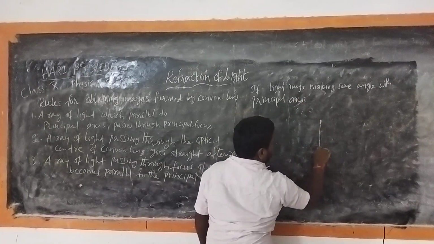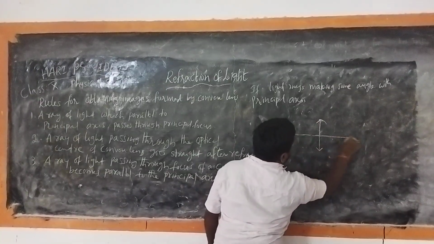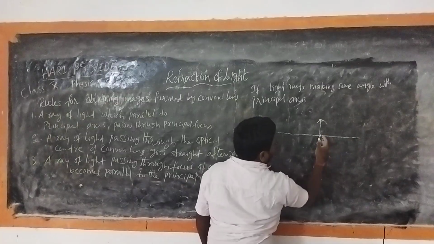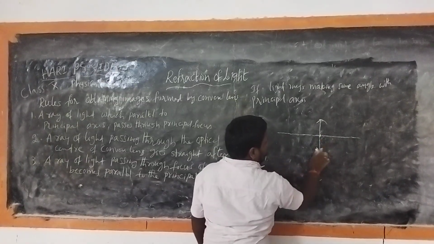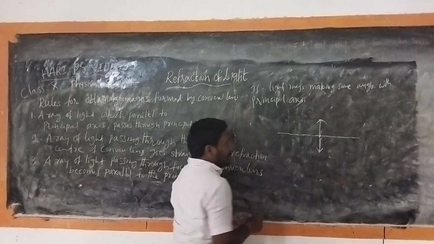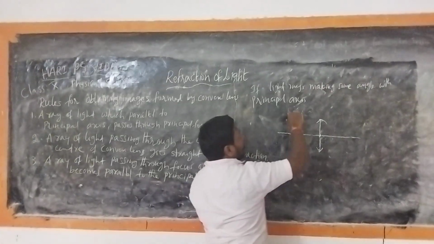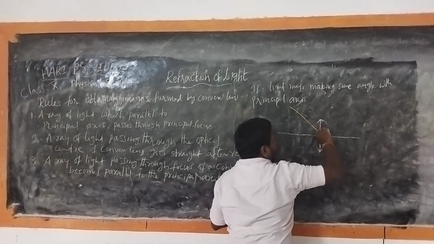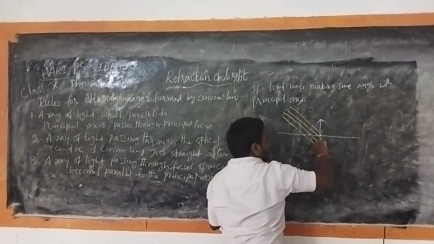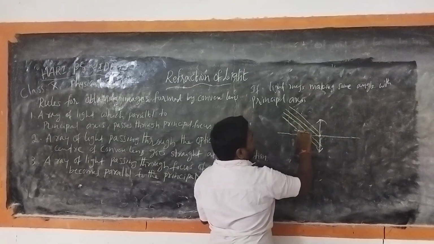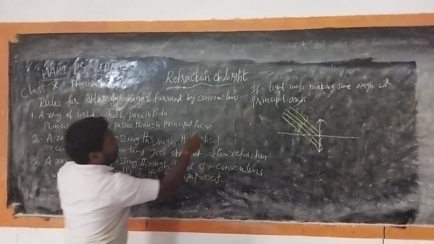So for a convex lens, this is the principal axis, this is the center of the lens. If the parallel light rays make some angle with the principal axis and are incident on the lens like this, what happens?